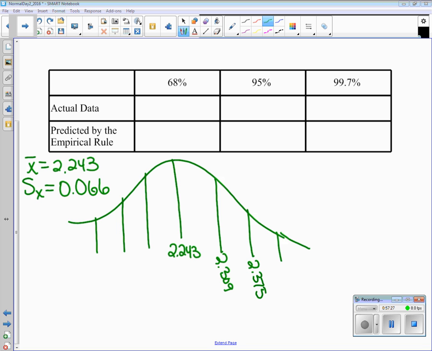I'm going to add it one more time. 2.441. I also need to go back to my mean and subtract it 3 times. Is it 3 ones?